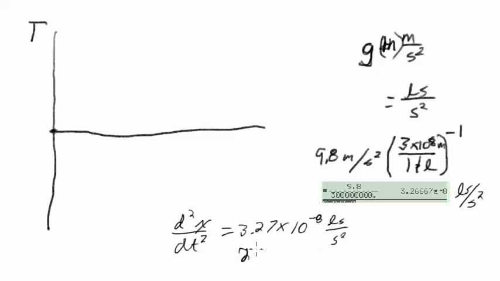Moreover, you can write, let's call it rapidity, the rapidity of the object is changing at del squared phi over del t squared equals 3.27 times 10 to the negative 8th.